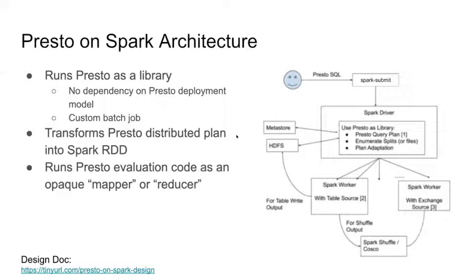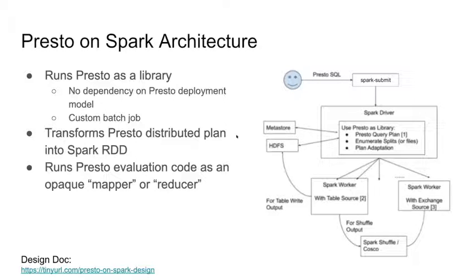What it does is, on the Spark driver, we run Presto code to parse the Presto query, to plan it, and create a Presto distributed plan that then gets translated into a Spark RDD. This is a data graph in Spark.